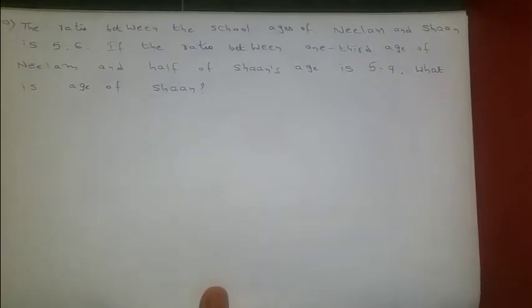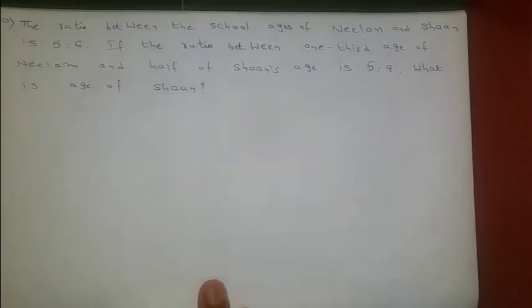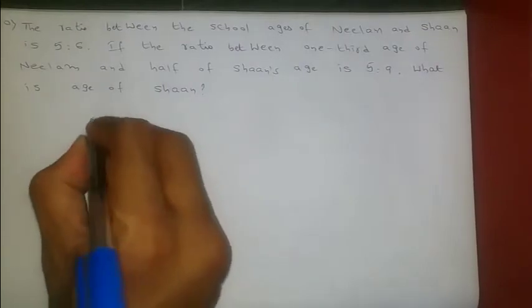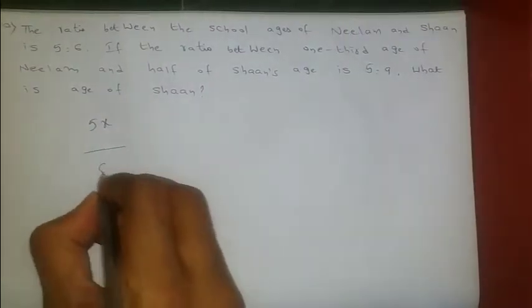The question is, the ratio between the school ages of Neelam and Shan is 5:6. It means 5x by 6x.